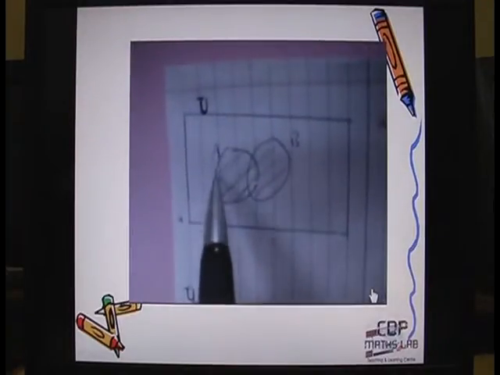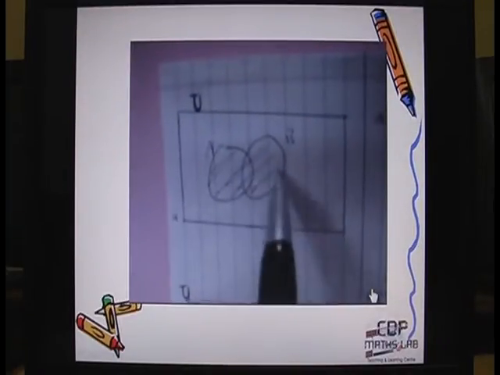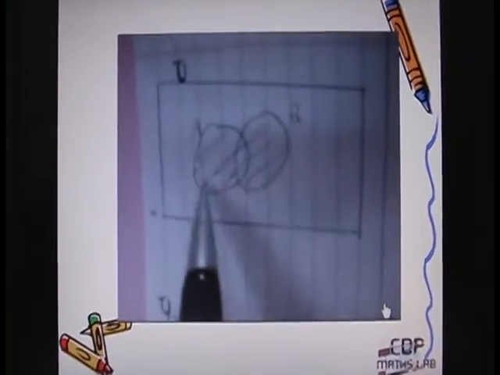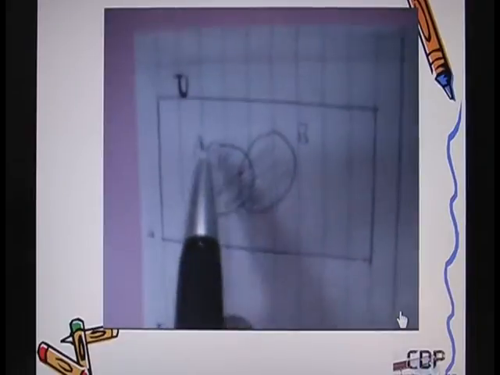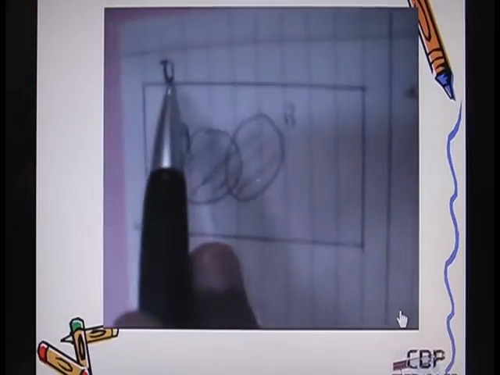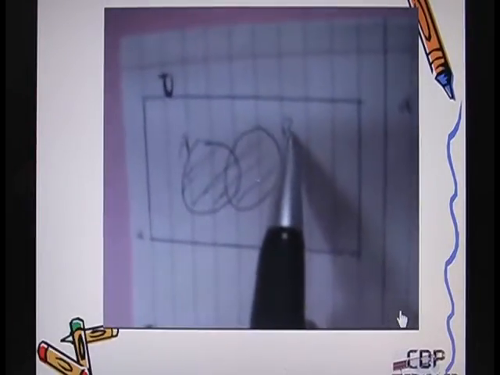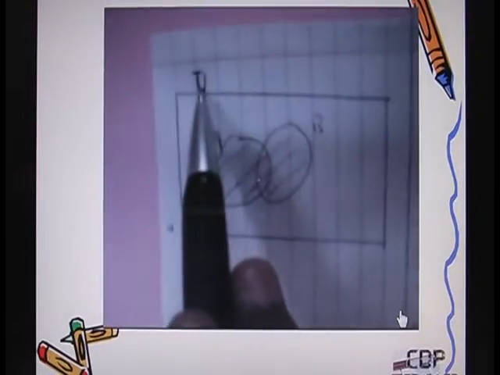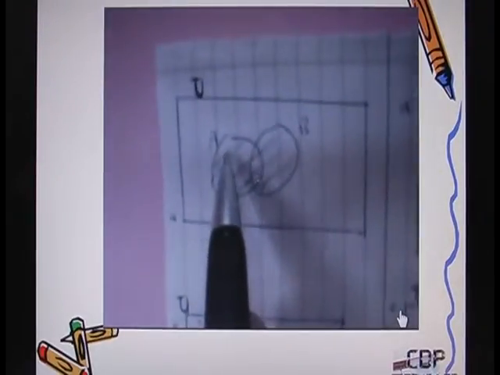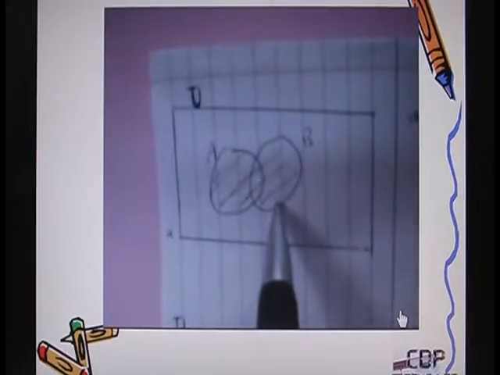As you can see, you have two circles inside the rectangle, and each circle is representing a subset of the universal set. Set A is a subset of the universal set. Set B is also a subset of the what? Universal set.